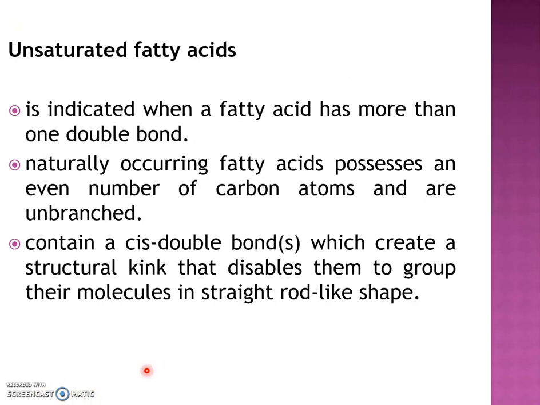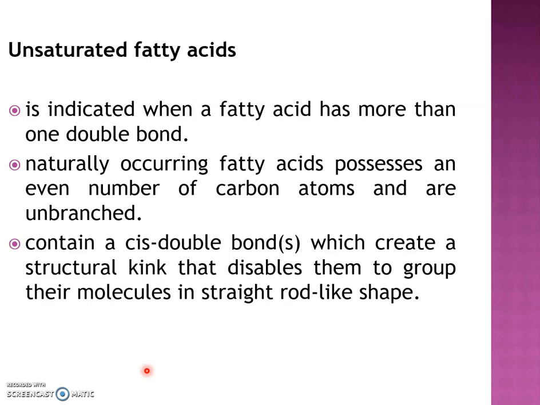Then unsaturated fatty acid means a fatty acid which contains a carbon-carbon double bond, at least one carbon-carbon double bond. These compounds are generally unbranched. They can exist in cis form and trans form.